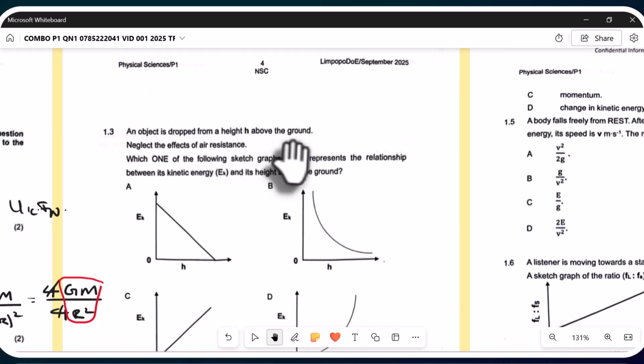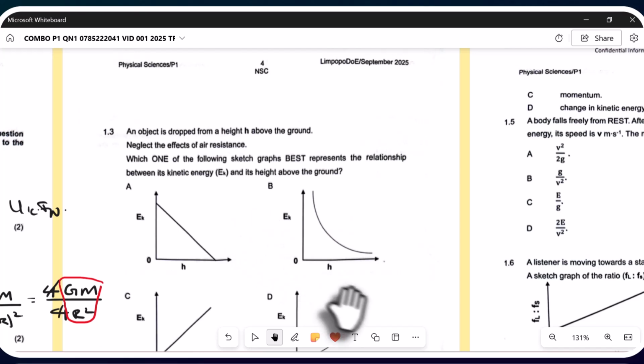When you drop something like this, and the height is 0, when it was coming down, at the bottom it is going to have the highest velocity, and so the highest kinetic energy. So it means EK would be at maximum.